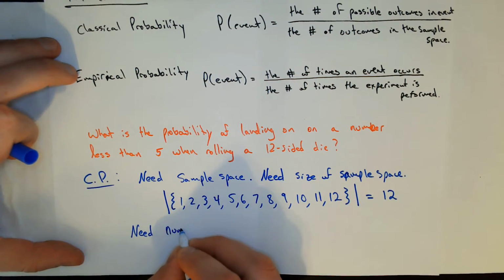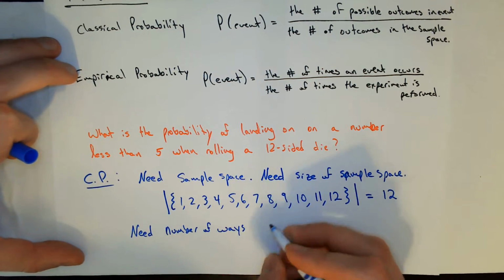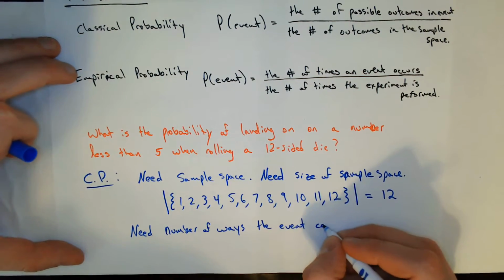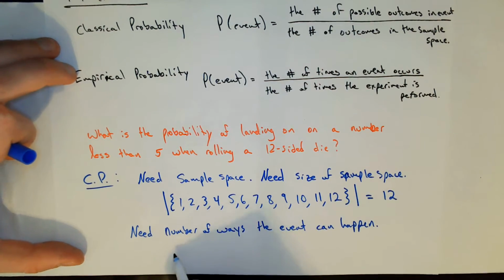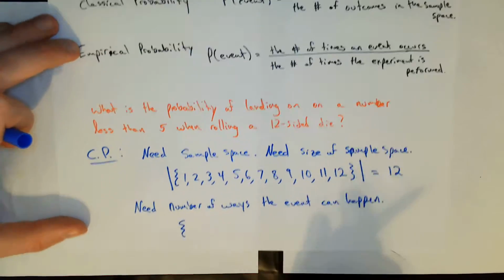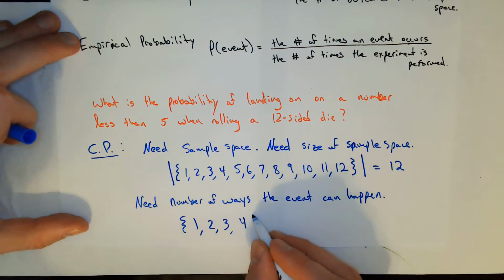I also need the number of ways the event can happen. What's the event? The event is rolling something less than a 5. Let me write out that set. How can I roll something less than a 5? I can roll a 1, a 2, a 3, or a 4.